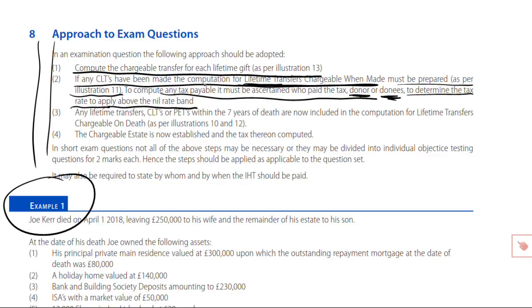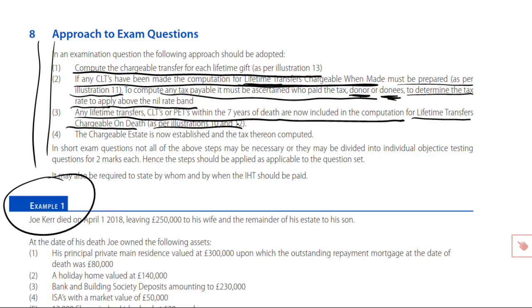Once we have dealt with those, any lifetime transfers, by which we mean CLTs or PETs, made within the 7 years of death are now included in the computation that, for our working purposes, we label lifetime transfers chargeable on death. Illustrations 10 and 12: go back and check those out.